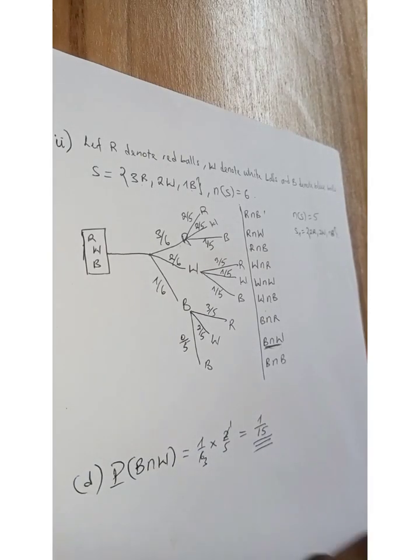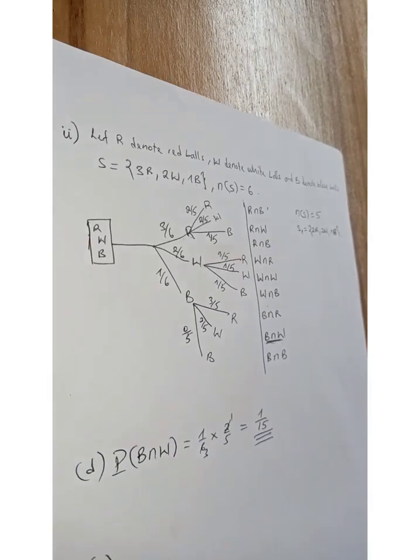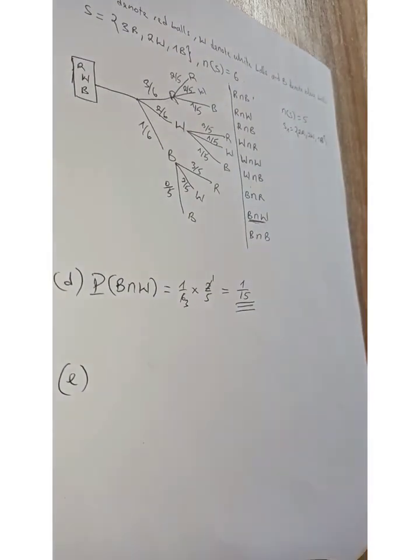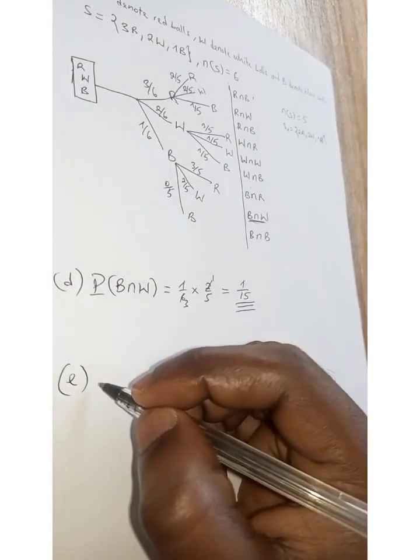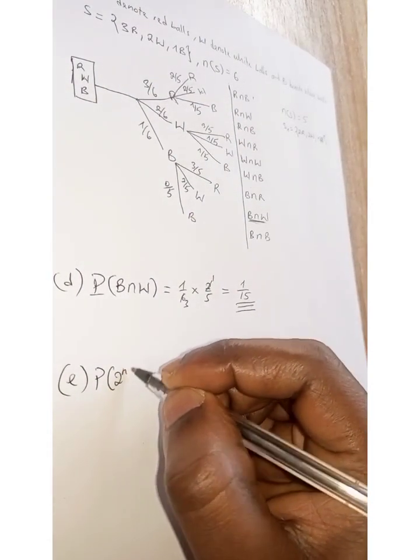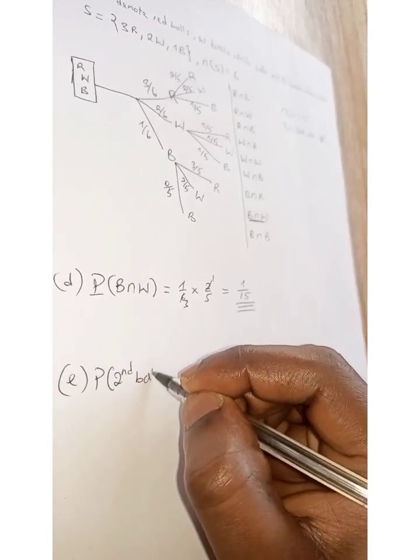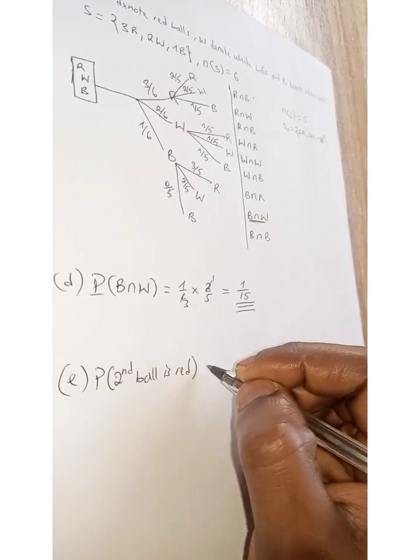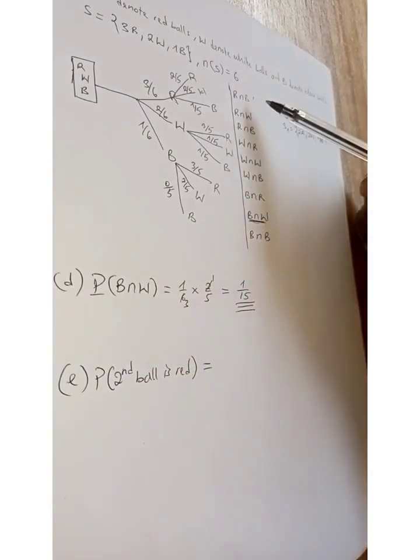E says, what is the probability that the second ball drawn is red? We still come back to this list of events and identify that event.